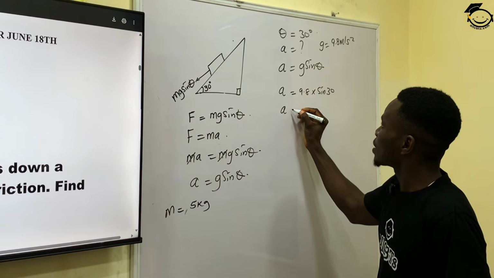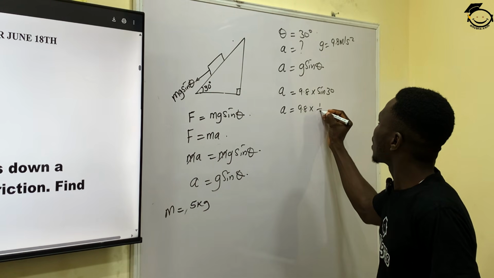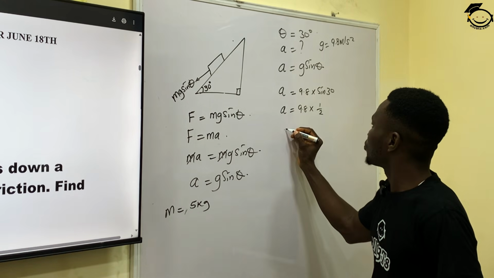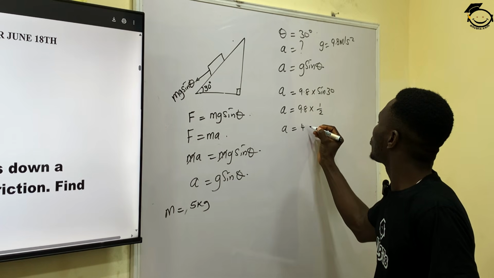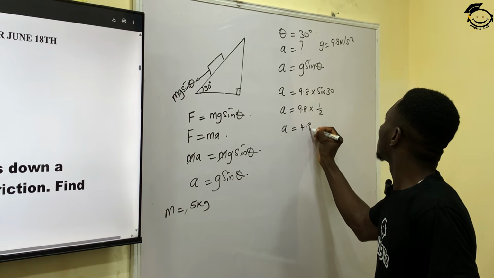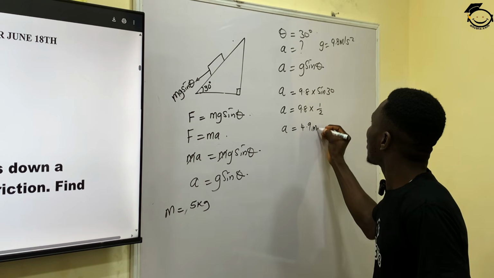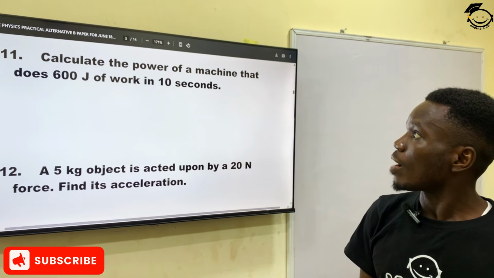And this will give me that my acceleration is equal to 9.8 times 1 over 2, because sine 30 is 1 over 2. And that will give me that my acceleration is 4.9 meter per second squared.